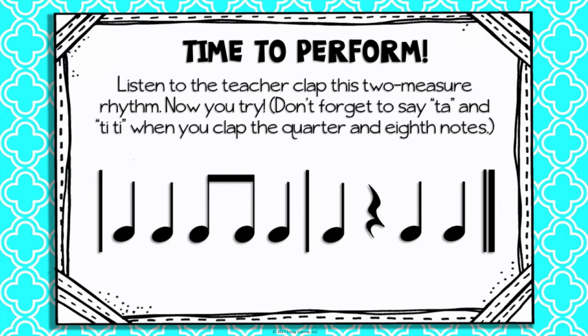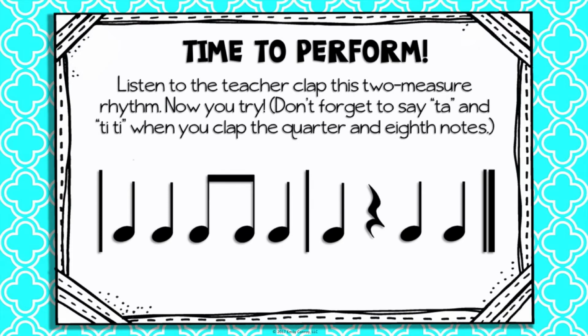So now let's take a look at these two measures that we have in front of us, right? I see two different groups of notes that have bar lines on either side. Go ahead and point to a bar line, not a double bar line, just a single bar line. Good. You could have pointed to the big line on the left or in the middle.